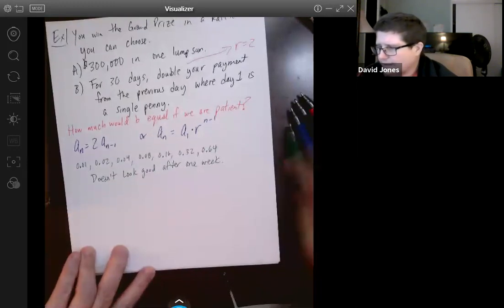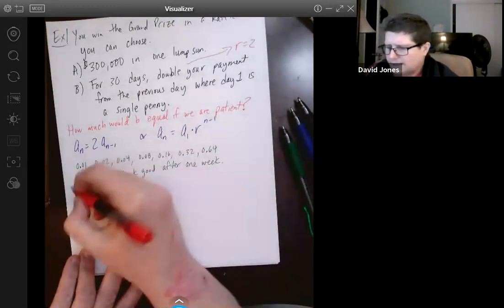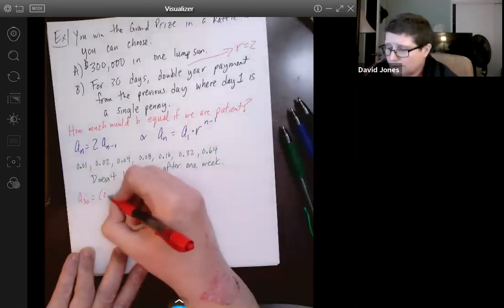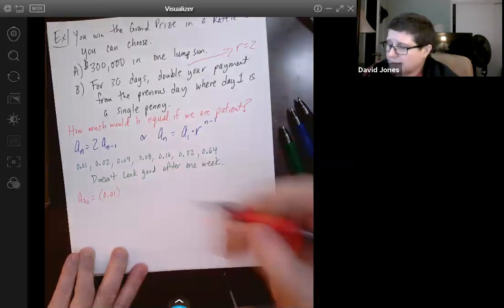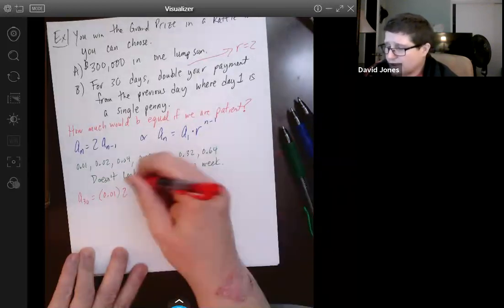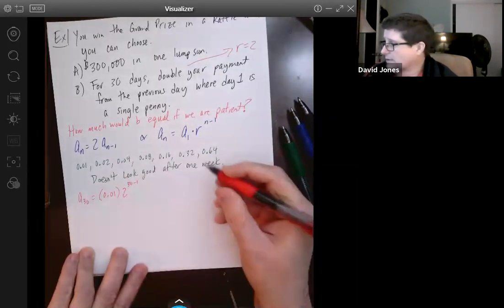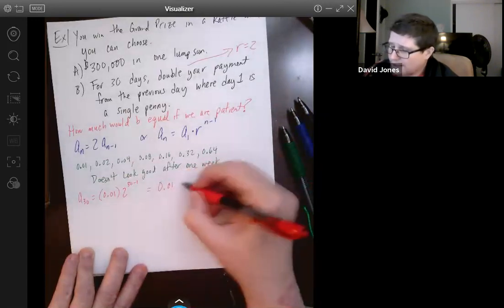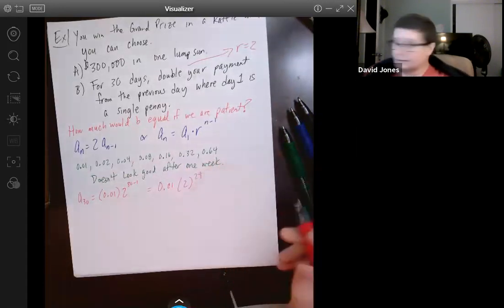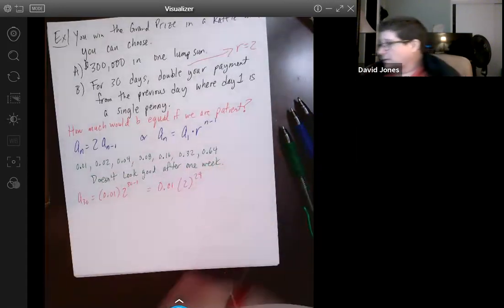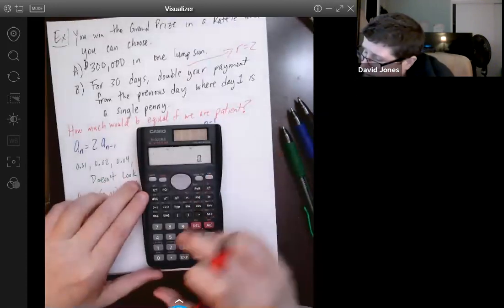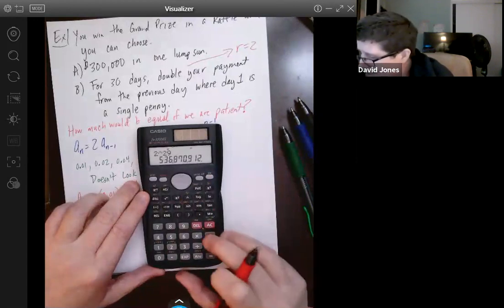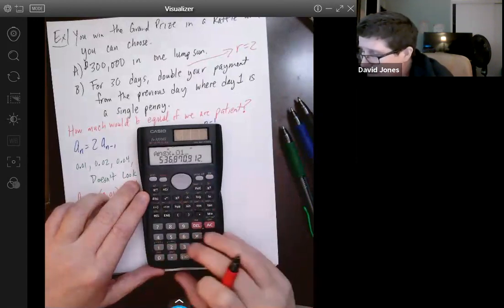What's a sub 30 then? A sub 30 is a sub 1, which is $0.01, times r, which is 2 to the 30 minus 1, or 0.01 times 2 to the 29th power. 2 raised to the 29th power is $536,870,912, times 0.01.